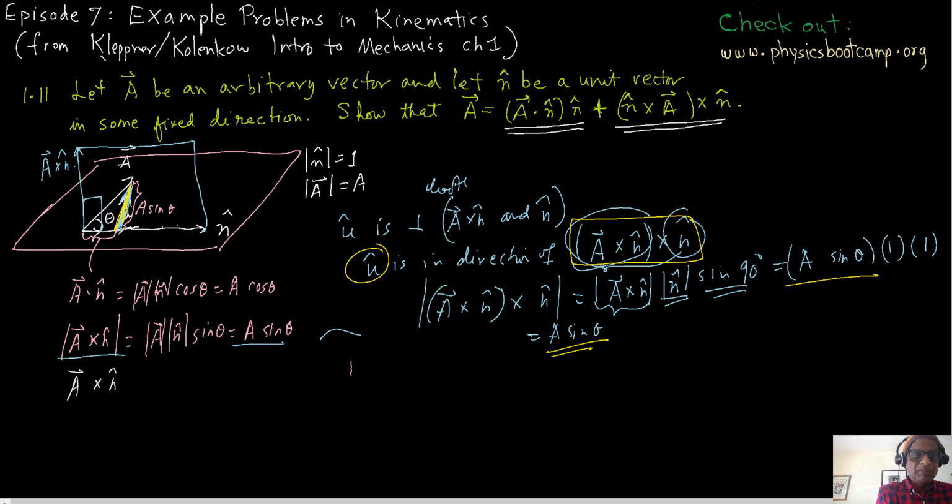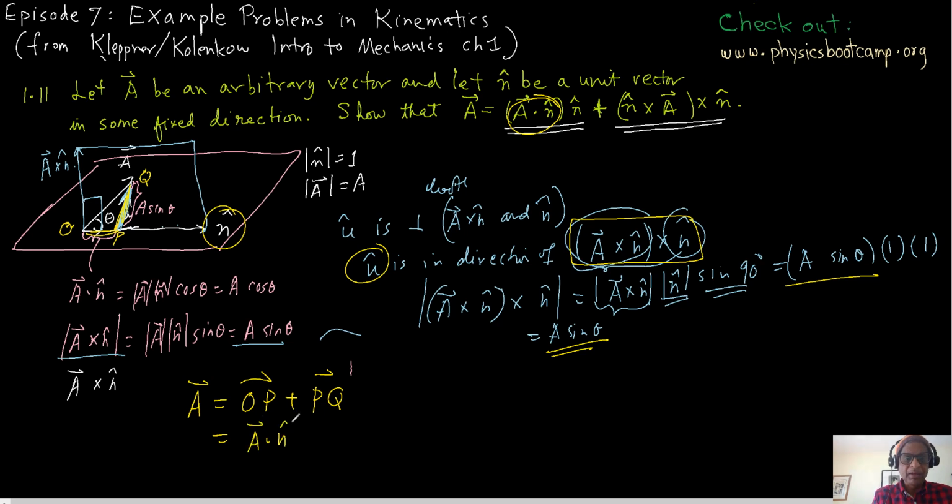So let's call it some point O, another point P, and a point Q. Vector A, which is O to Q, is equal to the O to P vector plus the P to Q vector. The O to P vector will be magnitude times the direction unit vector, so A dot n hat times n hat, which we already figured out.